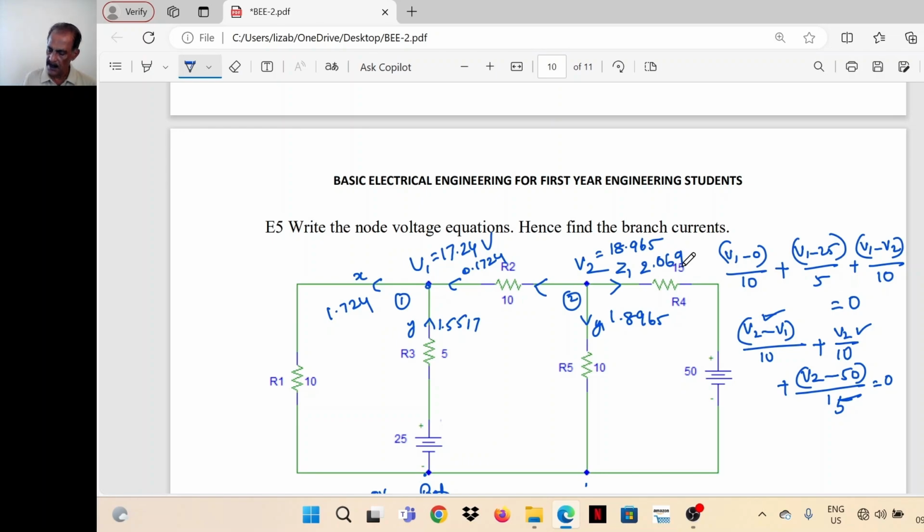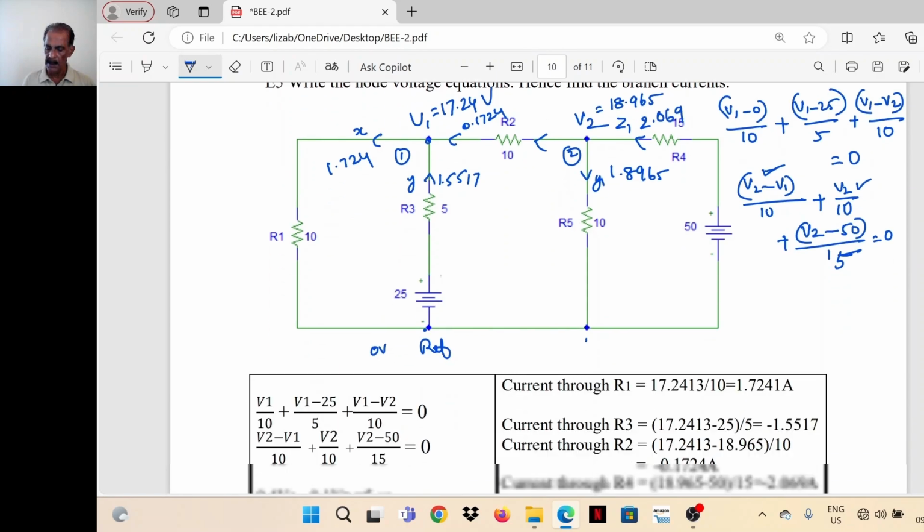It is negative, so the sign is opposite, in this direction. Again, you can check: 1.8965 plus 0.1724 is 2.069. So we got all the branch currents.